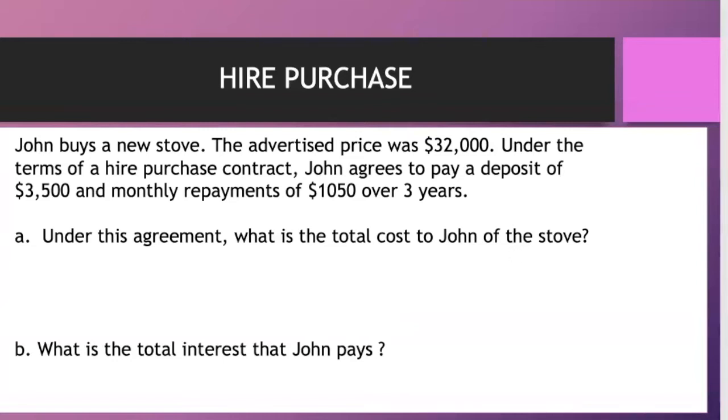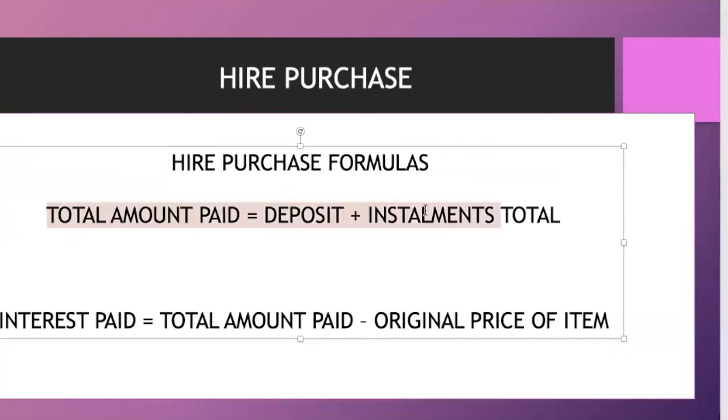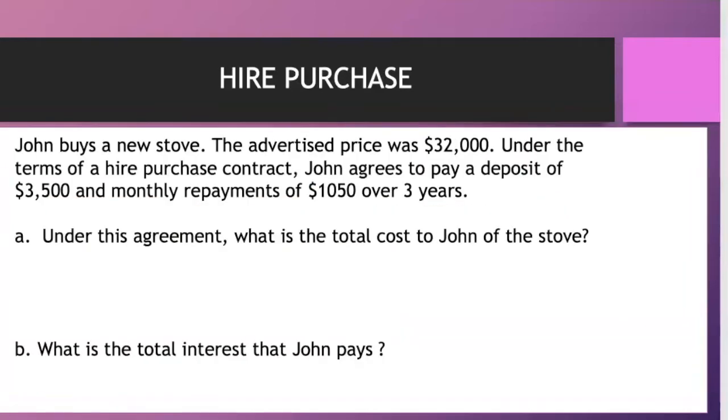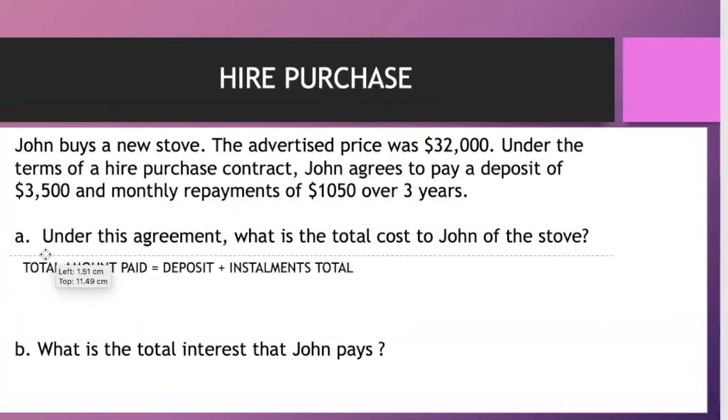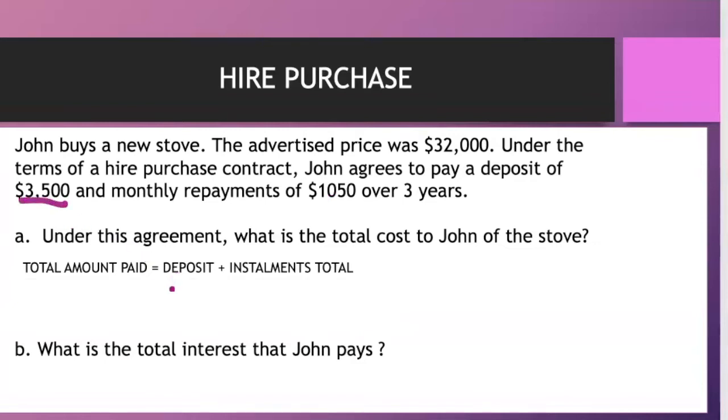Now, remember, hire purchase is the total amount paid is equal to the deposit plus installments. So for here, I already know what my deposit is. The deposit here is $3,500.